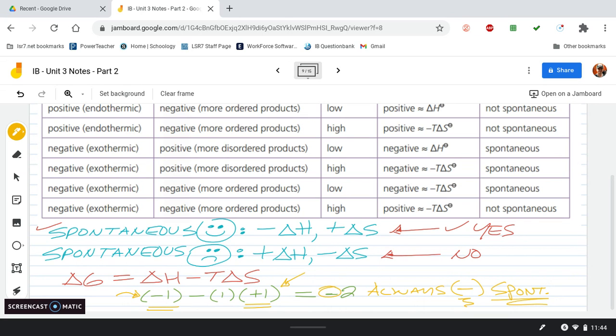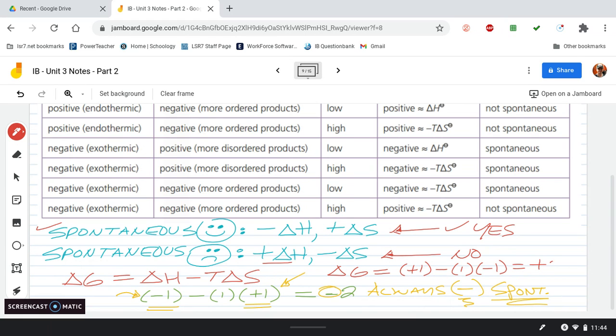Now, if you look at the one that never works, we can play with that one real quick too. Delta G equals, and I'll put in a plus for the delta H, so a +1, minus temperature is a 1, and then a -1 for the S. Now look at this: +1, and then minus a minus is plus.